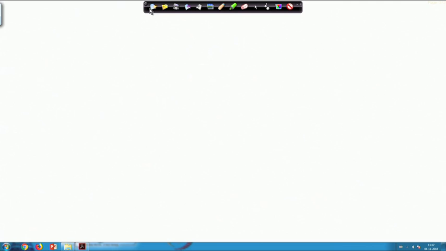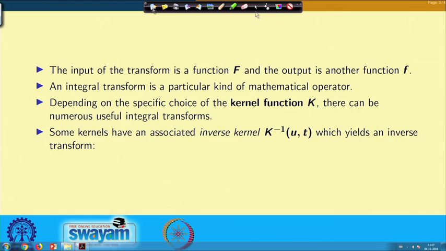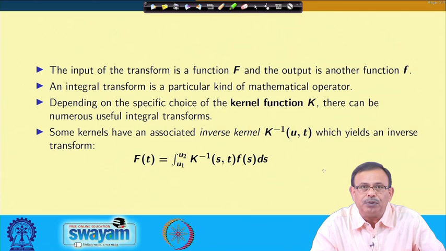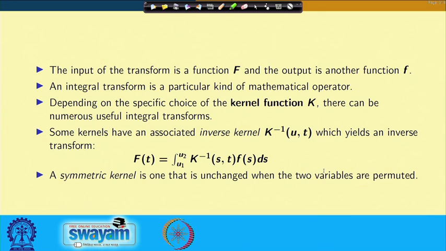The next is f(t) equals the integral from u1 to u2 of K inverse (s,t) f(s) ds, which we call the inverse kernel, and the last one is the symmetric kernel, that is unchanged when two variables are permuted.